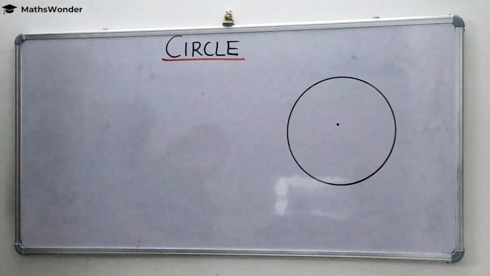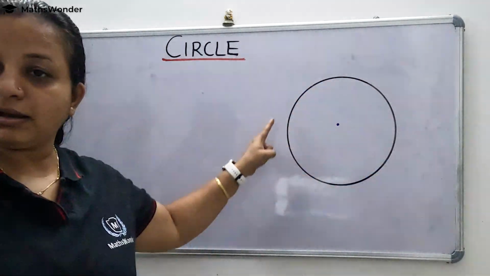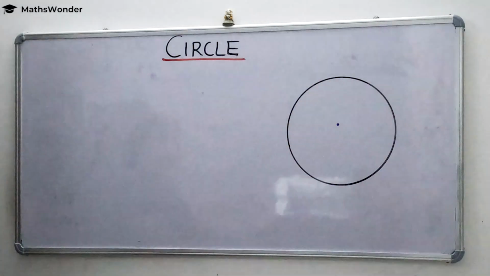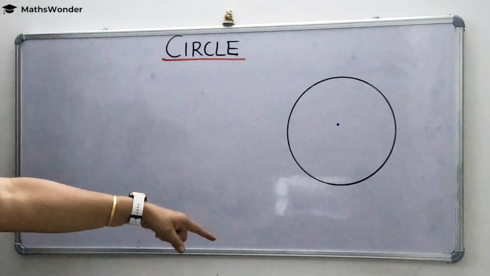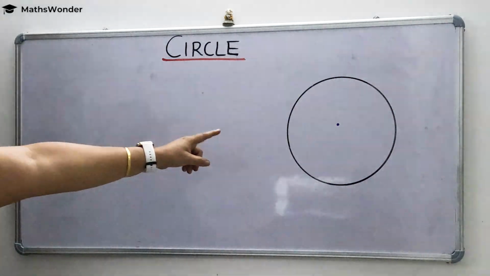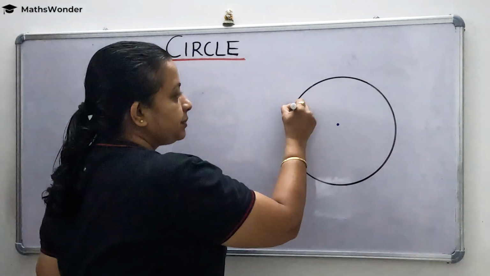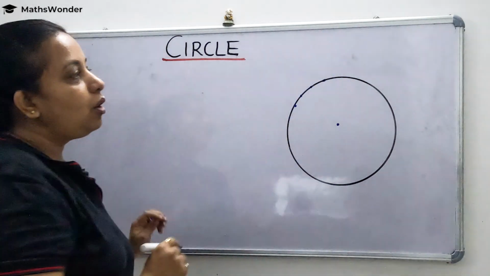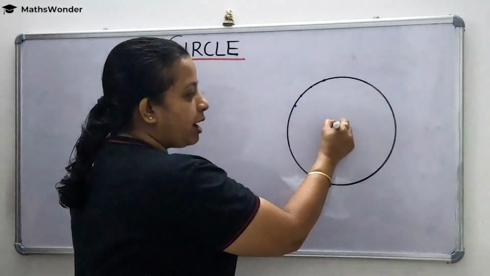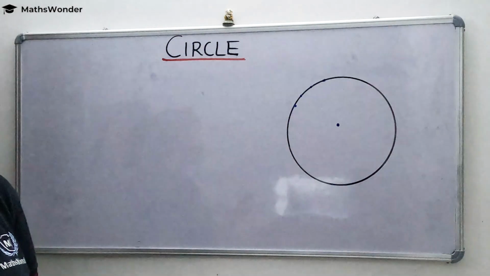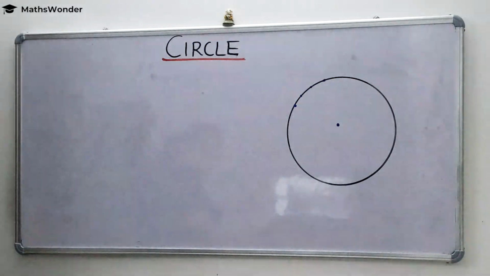So the circle is a closed curve. It's a curve, there is no line segment, no line, nothing. The circle is a closed curve such that all the points on its boundary are at equal distance from a fixed point inside it.